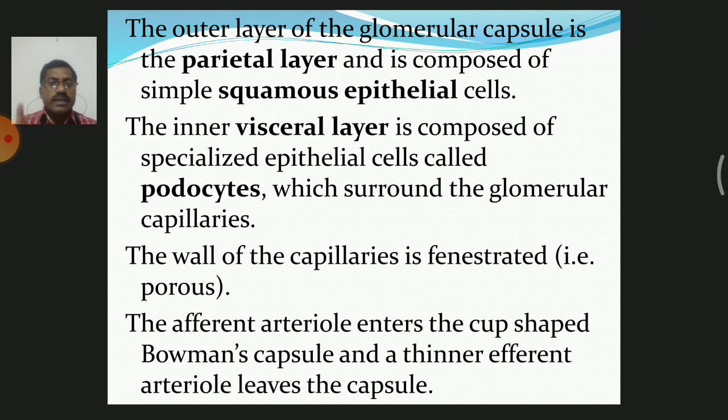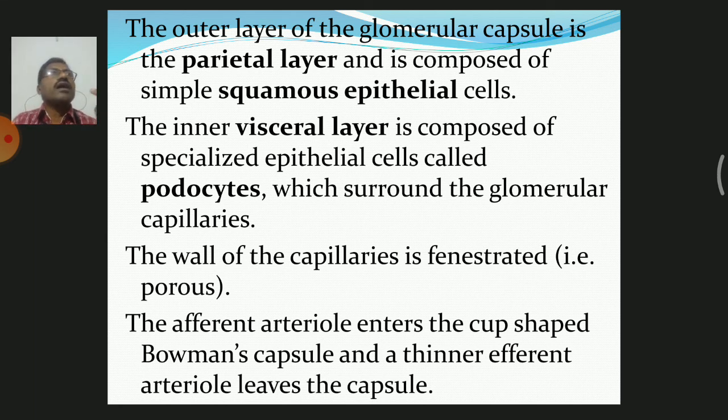The inner visceral layer is composed of specialized epithelial cells called podocytes. These special cells form slits, and these slits are very important for the filtration process. The podocytes form the slits on the blood capillaries.